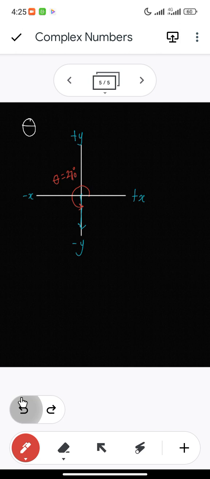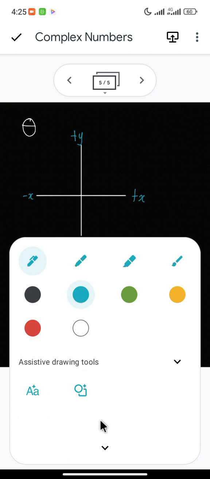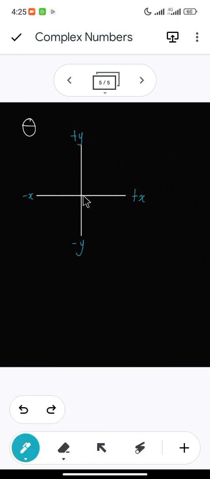Now a special case again where the modulus rests on the positive x directly. So we can have this. This is your r. In this case, someone can say that there is no angle between the both of them. Someone can say that the argument is equal to 0 degrees. That's correct.